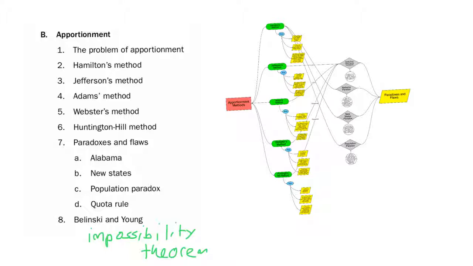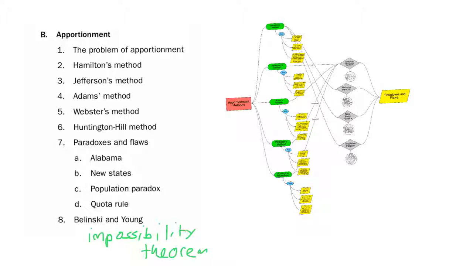An apportionment method that does not violate the quota rule and does not produce any paradoxes is a mathematical impossibility. Another way of saying it is it's impossible to have a perfectly fair apportionment method.